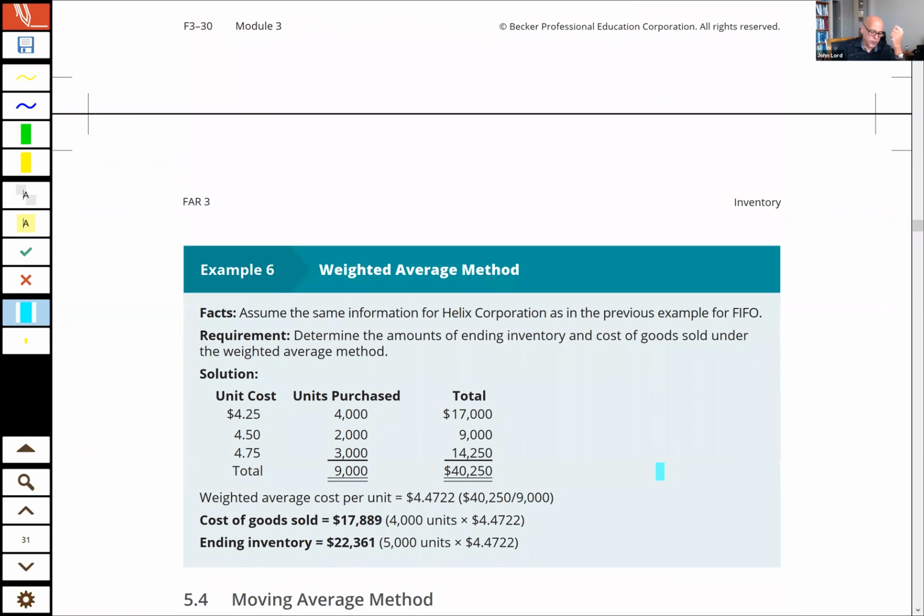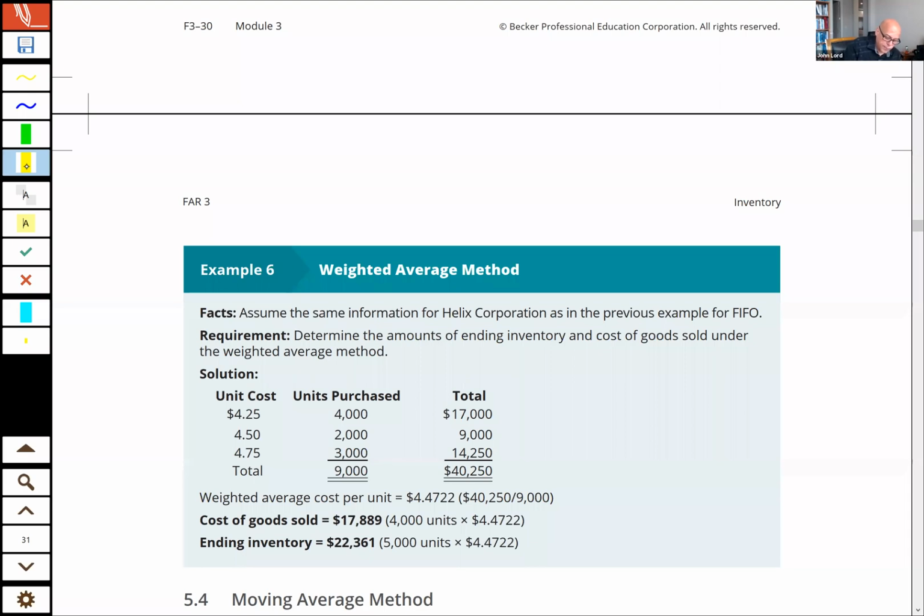You could jump to the one that you think is the easiest in that task-based simulation. Of course, I'm assuming they're all in the same testlet, which they're not going to mix and put in another testlet. Assuming they're all in that same testlet, you could sit there and work them in any order you want.